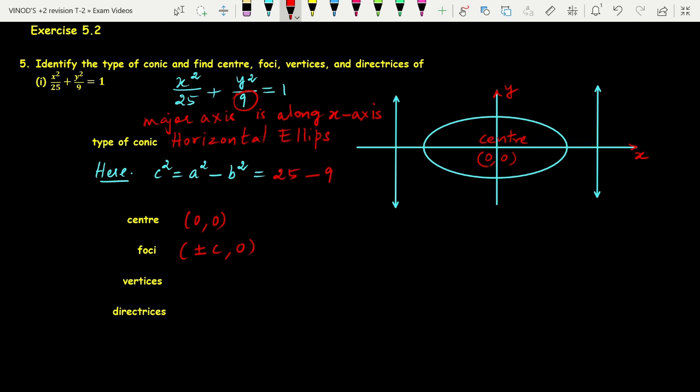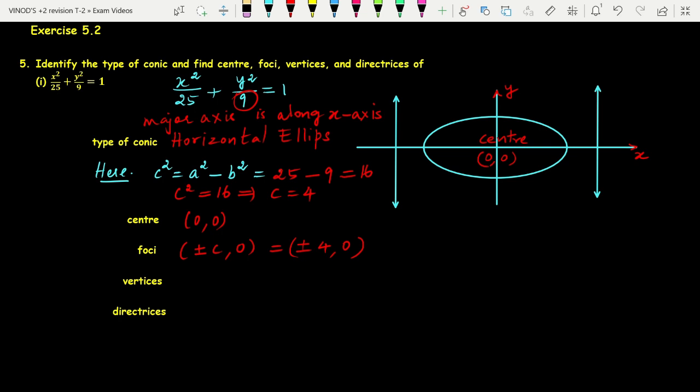So 25 minus 9 is equal to 16. So c square is equal to 16. This implies c is equal to 4. So the foci coordinates are plus or minus 4, 0.